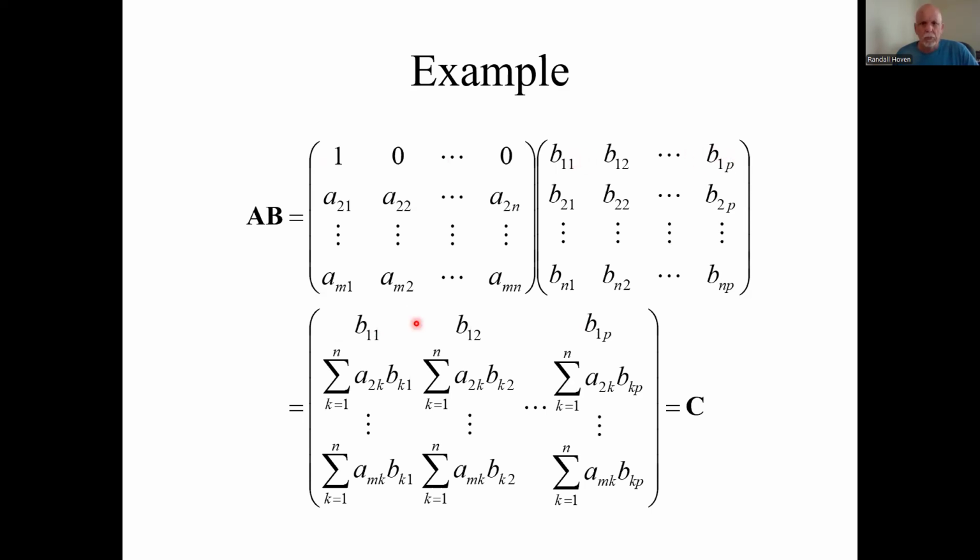So I'm just going to end up here with B11, B12, out to B1P. If I put this row somewhere down here, it would put this row somewhere down here on C. And if I move the 1 to some other place, it just picks up a different row of B. Up here, it picked off the first row of B.